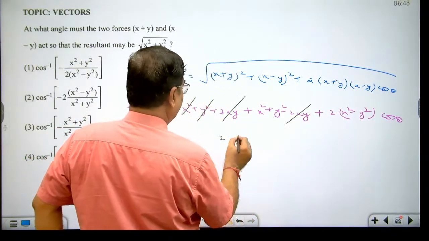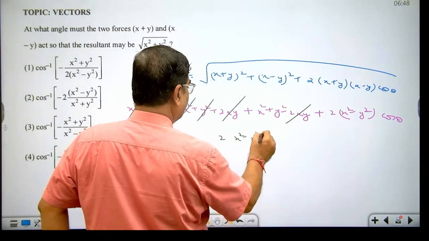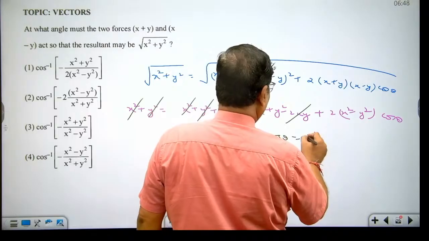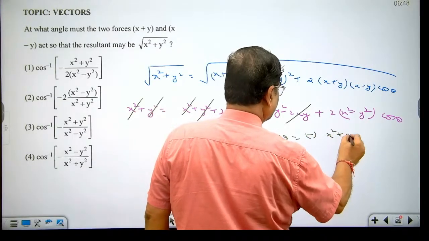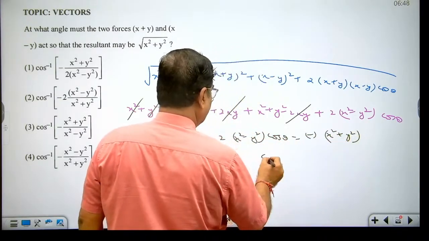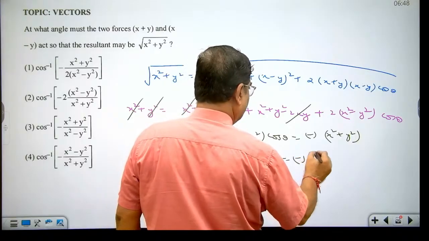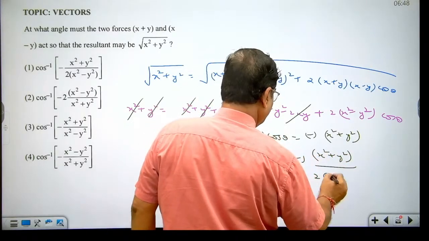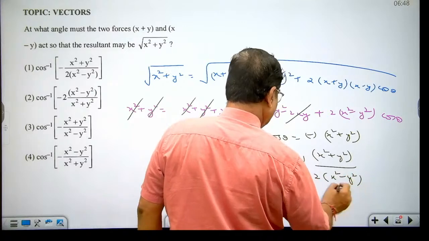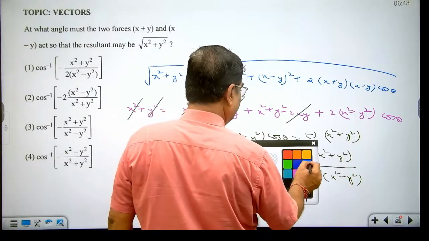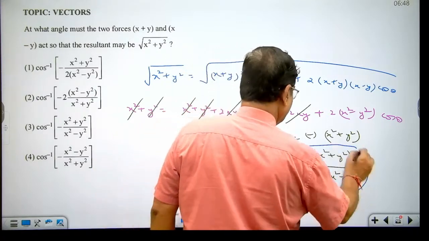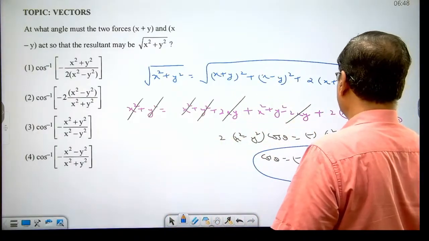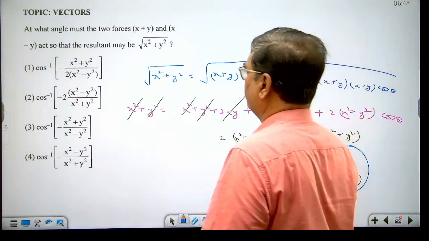So what we are getting, 2 into x square minus y square cos theta equal to minus x square plus y square. So cos theta is what? Minus x square plus y square divided by 2 into x square minus y square. This is the solution. So theta will be equal to cos inverse of minus x square plus y square upon 2 into x square minus y square.